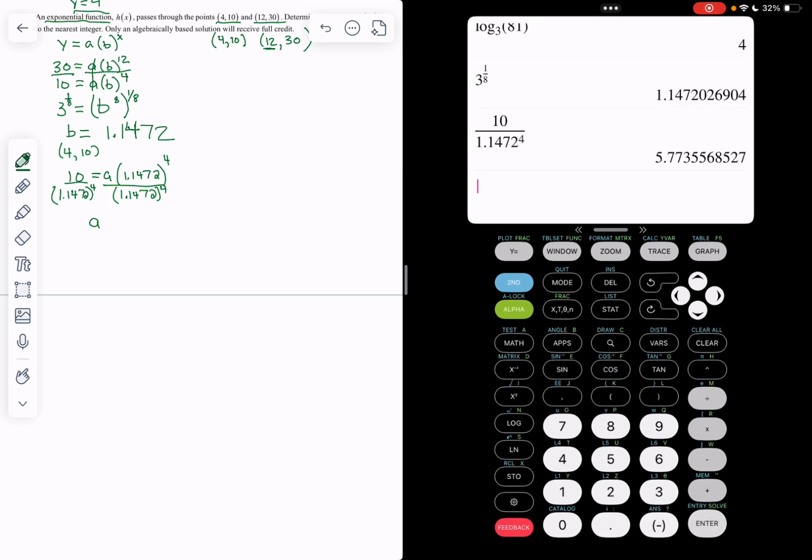Okay, and then we can hit enter. We get a is equal to 5.7736.